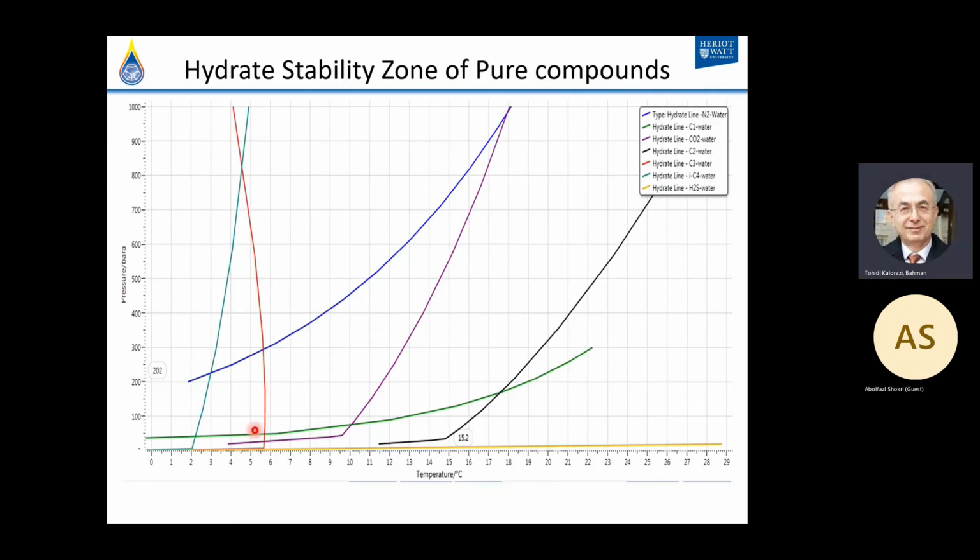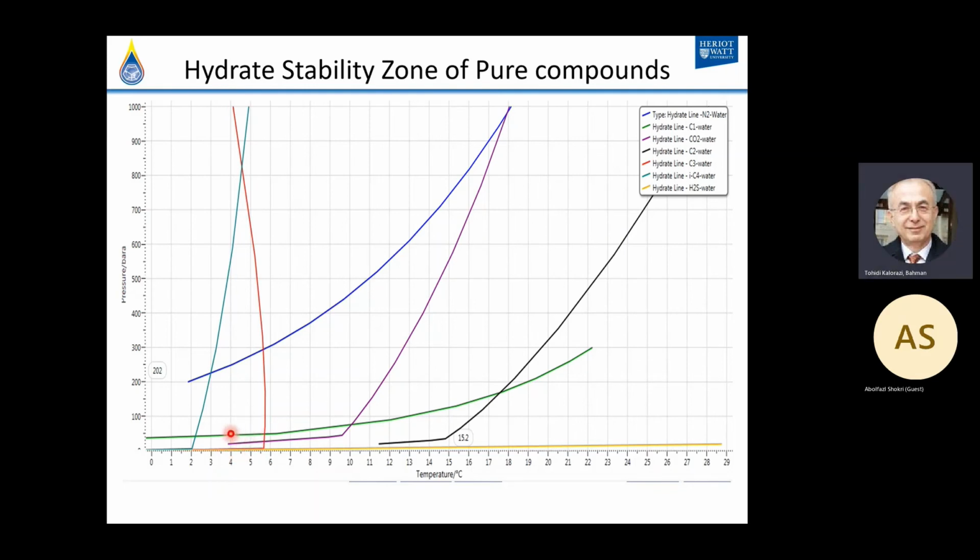And this is showing the curves on the graph on a logarithmic scale, so we can see it better. This is for CO2, and this one is IC4. This one is C3.